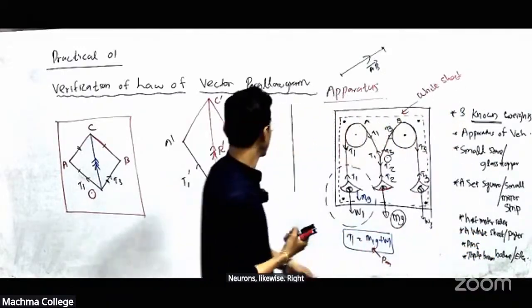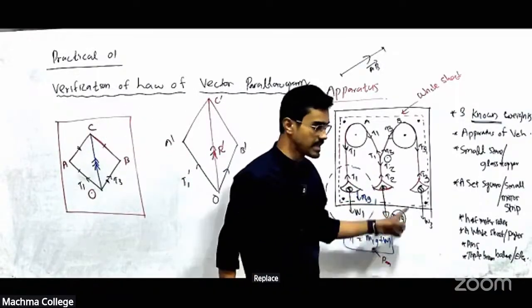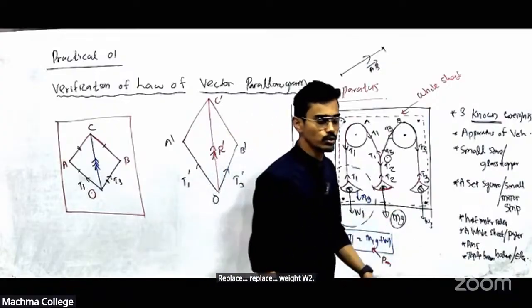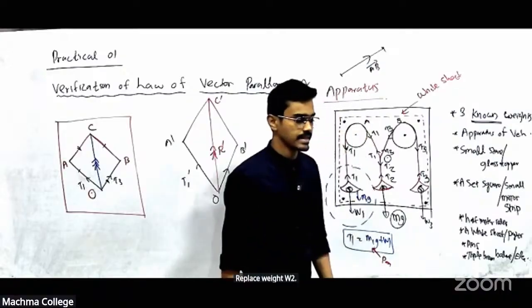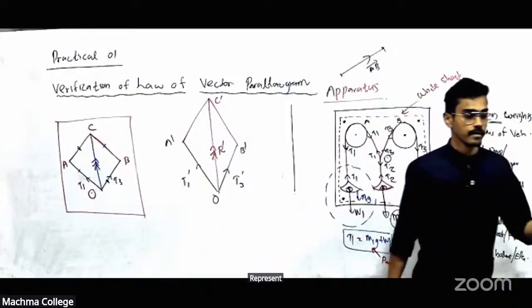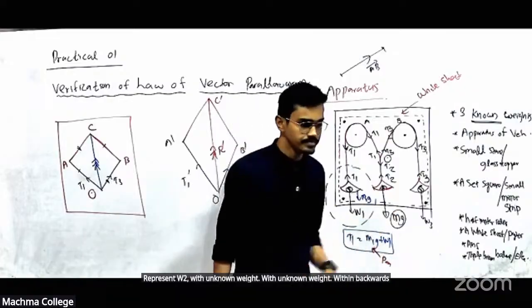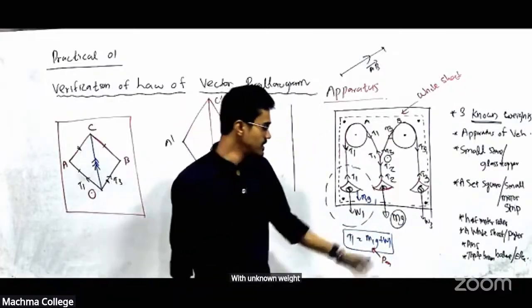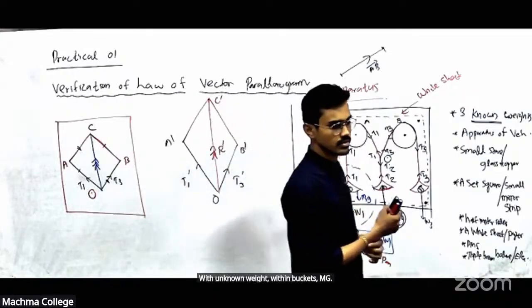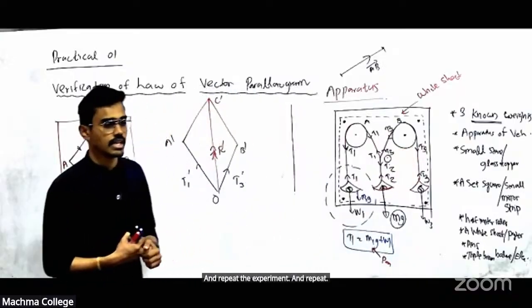Okay, write down below: replace weight W2 with unknown weight, within brackets mg, and repeat the experiment.